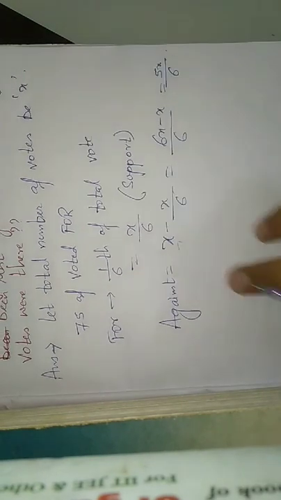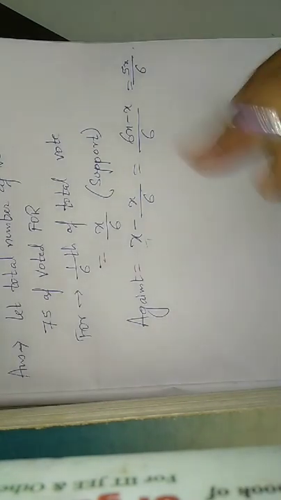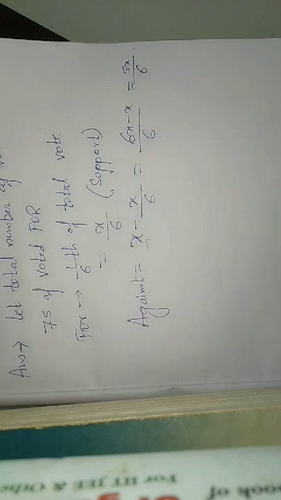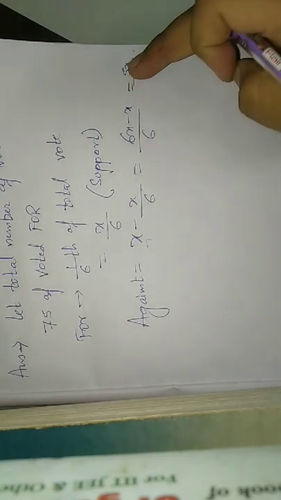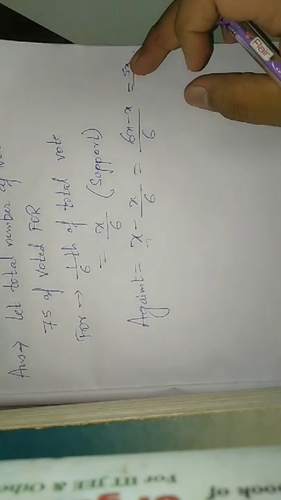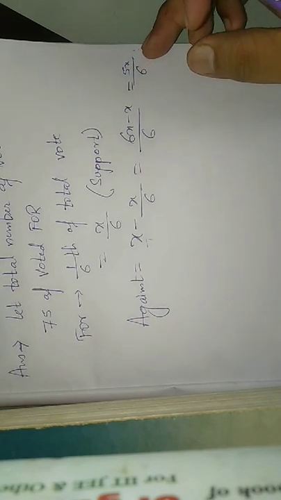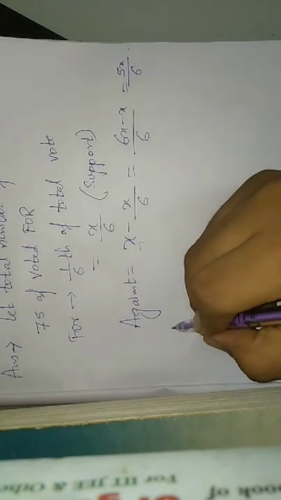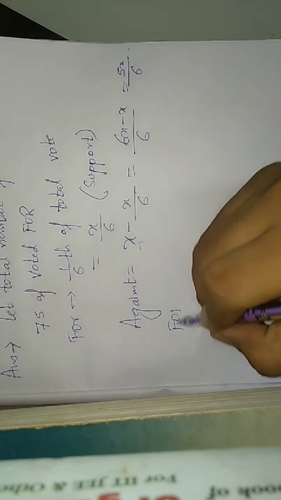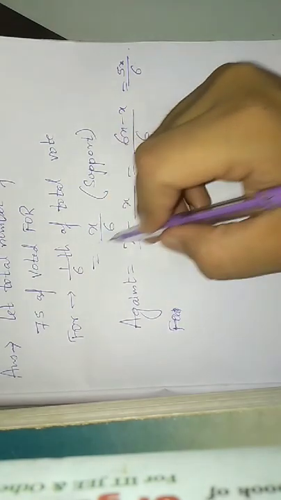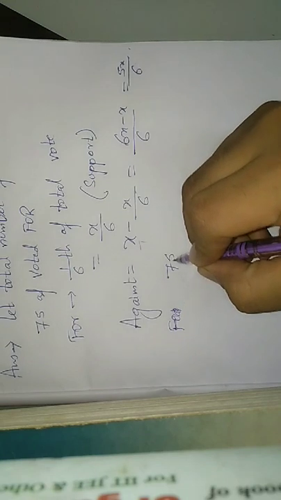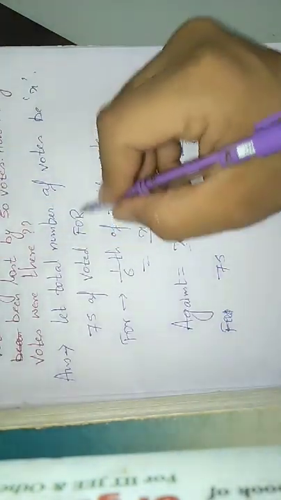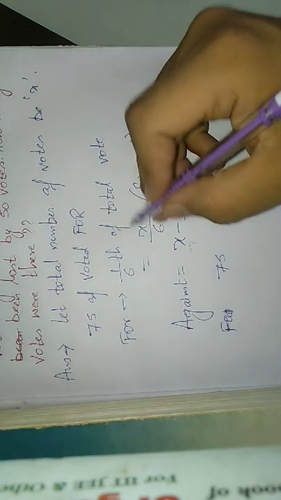Now they are saying that if 75 of those who voted for the motion had voted against it, the motion would have been lost by 50 votes. Okay, so for 75 of those, I told you, leave this, voted for means x by 6, right?